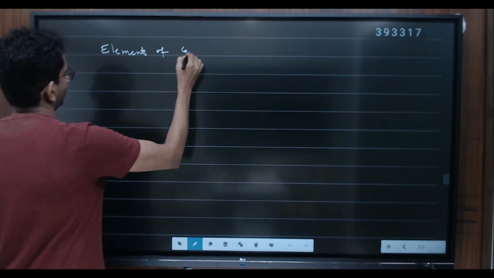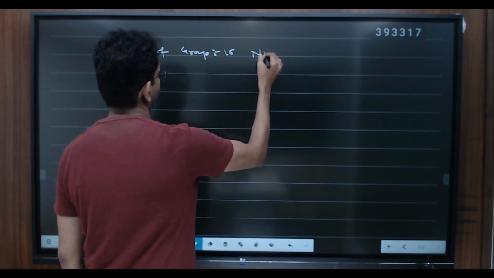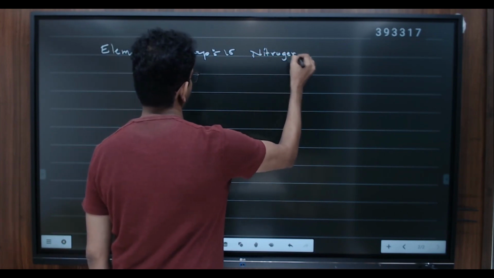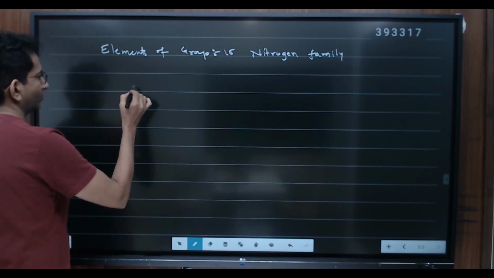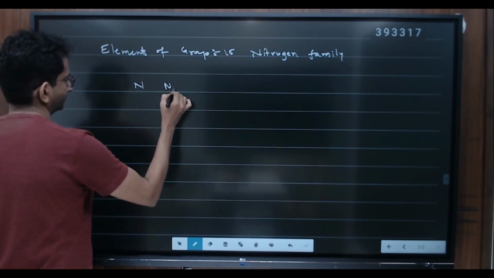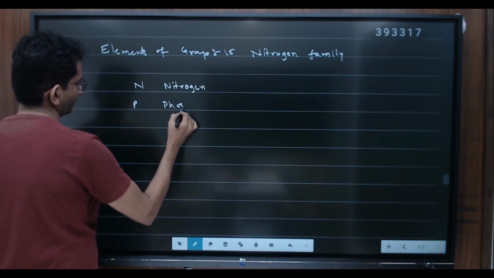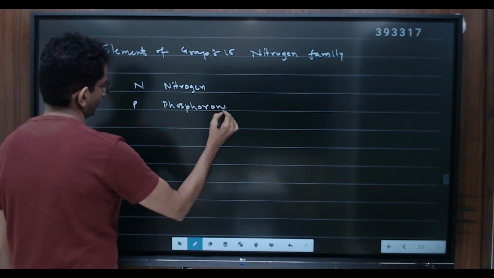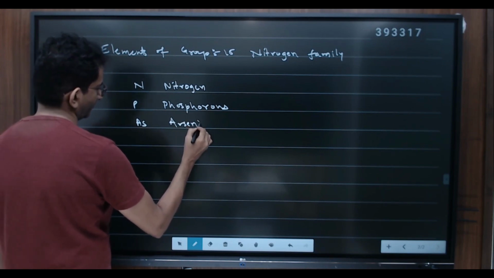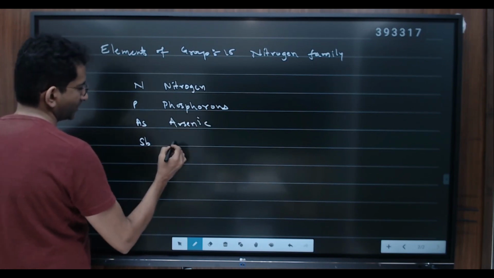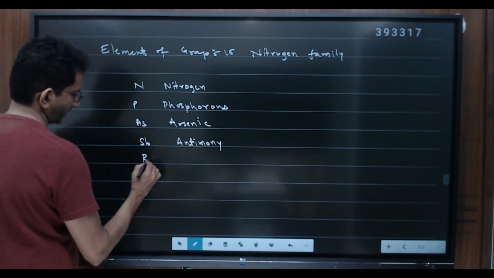Elements of group 15, which is also known as the nitrogen family. So first element is nitrogen, second is phosphorus, then arsenic, antimony and bismuth.